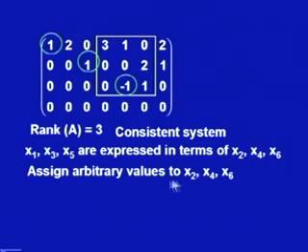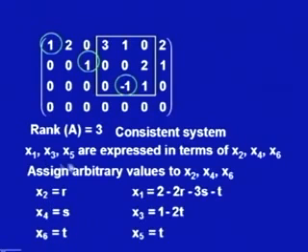So we assign arbitrary values to these unknowns x2, x4, x6, and we can write x2 as r being arbitrary, x4 as s and x6 as t.